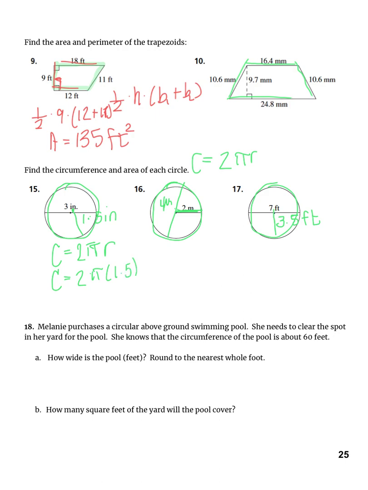When I do that, I get 3 pi, because I multiply 2 times 1.5, and that equals 3, and then I multiply all that by pi. This is the most exact answer, but we have been estimating these, so I could use 3.14 for pi. I got about 9.42, but I'm going to round that to the nearest tenth. So it's about 9.4 inches is the circumference. That's how you find circumference.